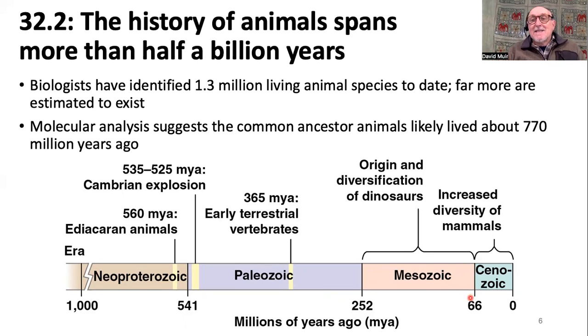They died out about 66 million years ago, and all of their ecological niches were filled by the mammals, which had actually evolved all the way back here, but had remained a relatively obscure group because of the dominance of the dinosaurs.